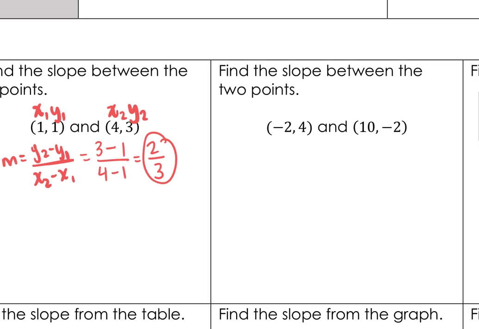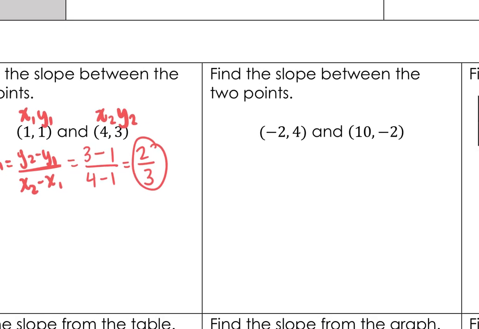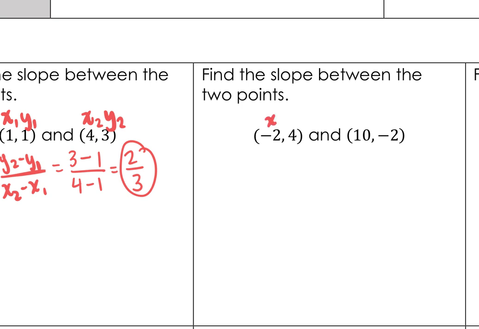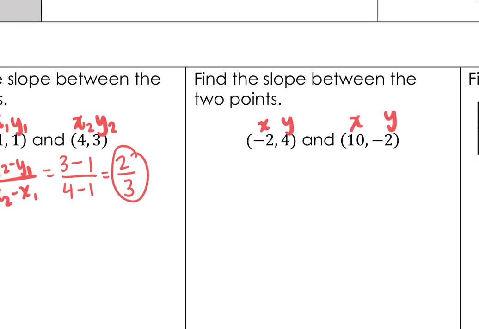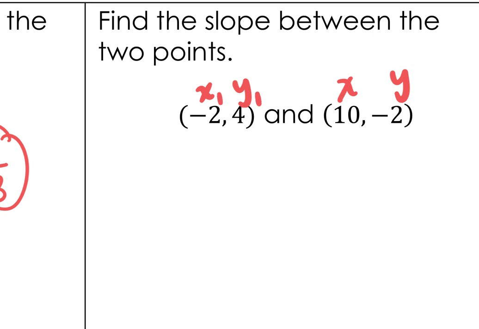Let's do number 2. Our points are -2, 4, and 10, -2. So again, let's label them. This is x and y. This is x and y. I can label this as my 1s, and then I can label this as my 2s.